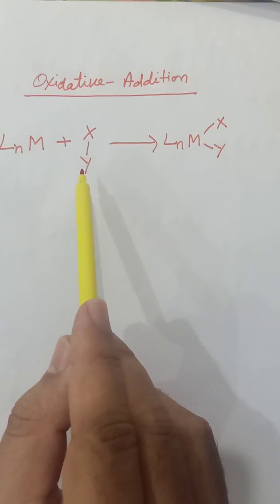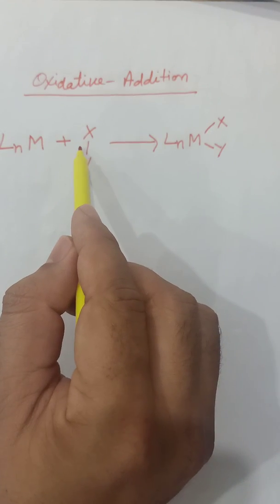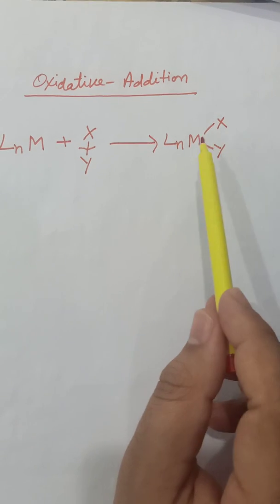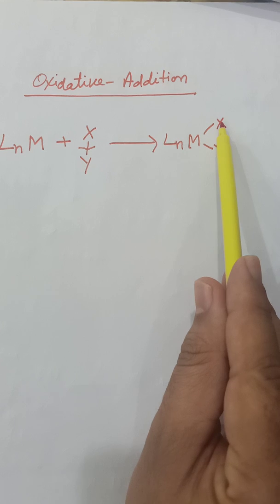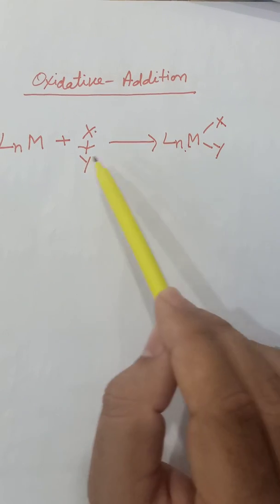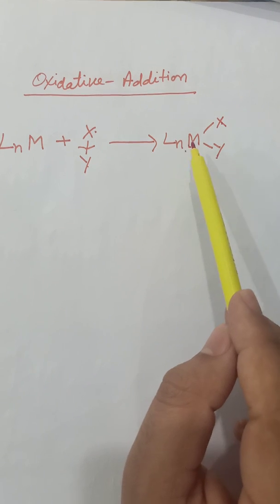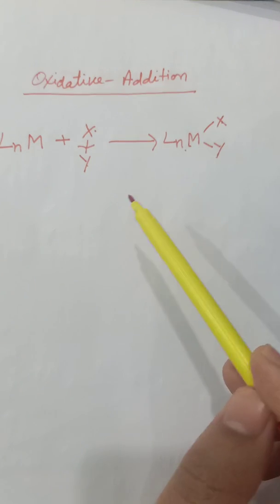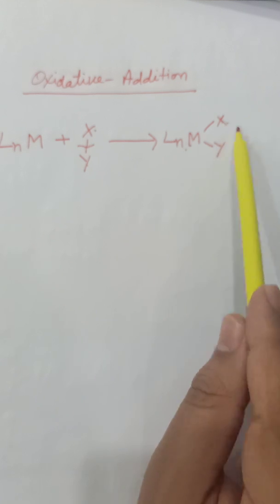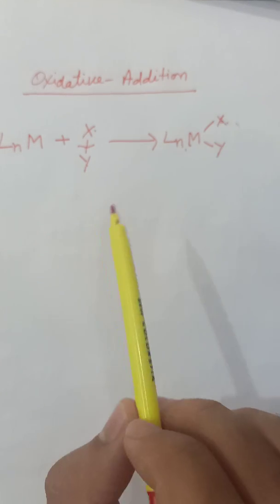Okay, so the sigma bond between X and Y is breaking in this case, and the bonds between the metal and the X atom and between the metal and the Y atom of this ligand are forming by back donation of electrons from the metal to the sigma antibonding molecular orbitals of the XY ligand.